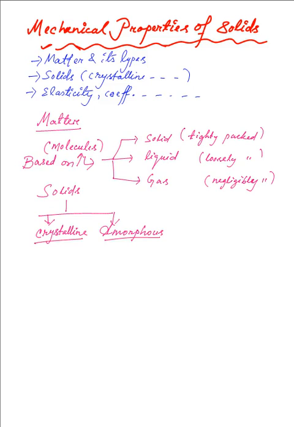Now, the crystalline solids, or the crystalline structure, have a sharp melting point, which means that it will melt at a particular temperature. But the amorphous kind of solid does not have a sharp melting point.